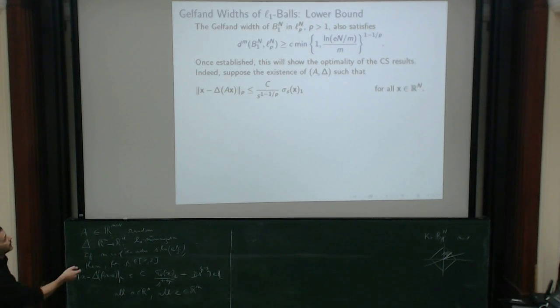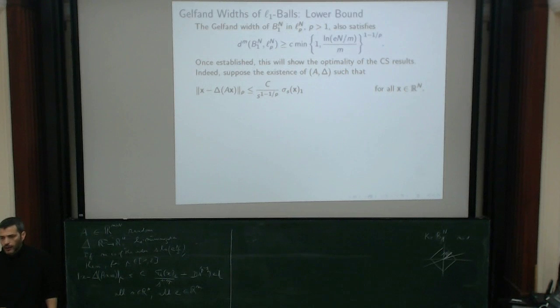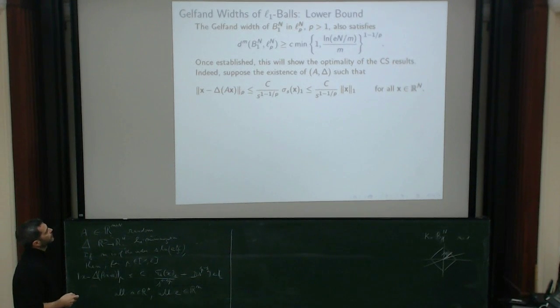Suppose that there is an A and delta achieving our targeted estimates for all x. So again, same trick as before. This is smaller than the L1 norm of x.